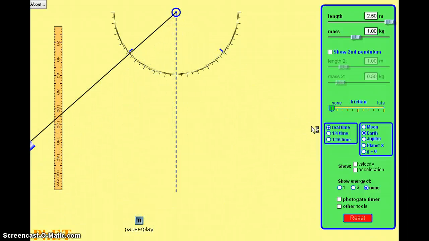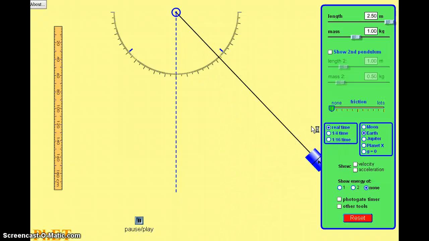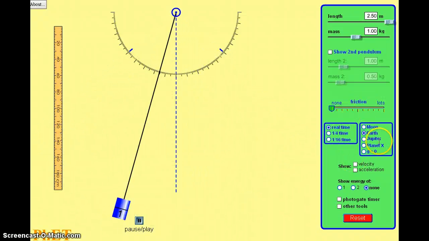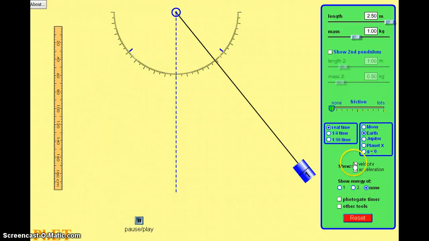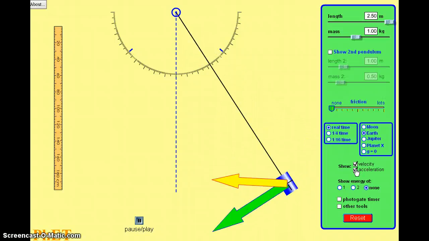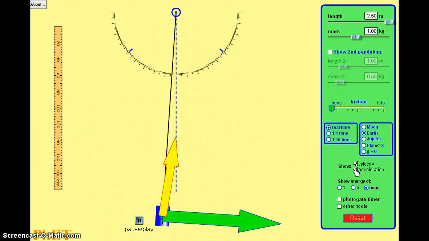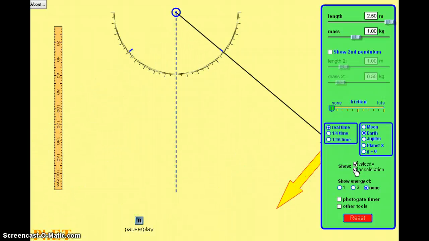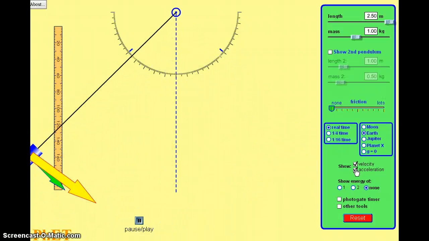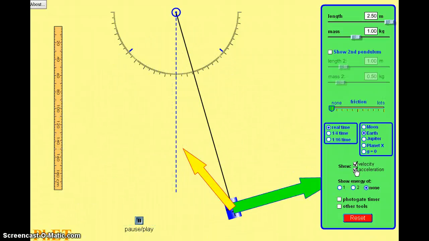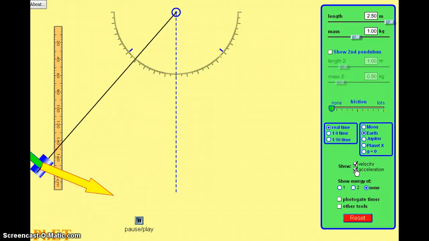Therefore, this simulation has lots of reusability. Another thing that I like from this green box is we can start to add velocity and acceleration measurements, or we can start to look at velocity and acceleration relationships. And when you start to look at simple harmonic motion from the IB syllabus, this would become a very, very useful simulation to see the relationship between velocity and acceleration.